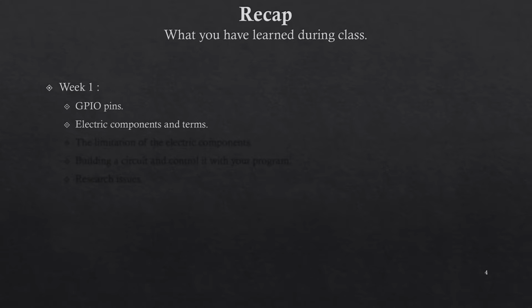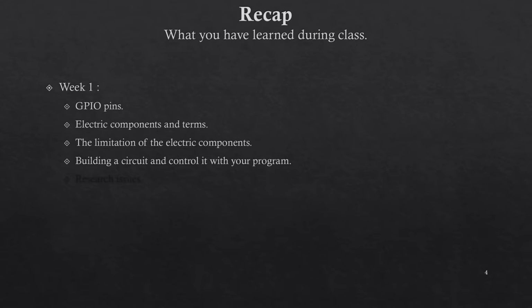We also have seen the electronic components and terms such as resistors, LEDs, buttons, voltage dividers, current, etc. We have also seen the limitation of the electronic components. You have learned how to build a circuit and how to control it with your code. And lastly, you have learned how to research an issue by researching the debouncing issue of a button.